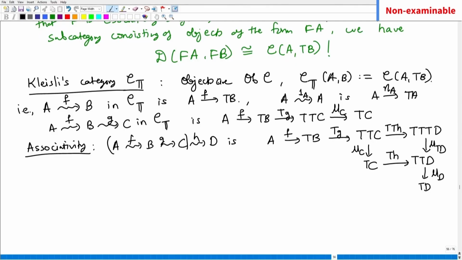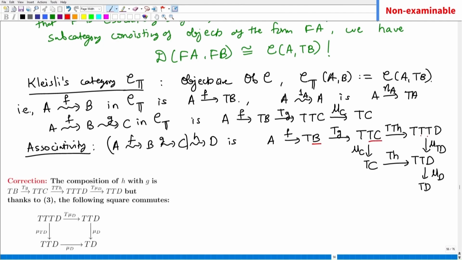And observe what is happening here. I will underline using a different color, of course: B, TC, TTD, TD, and G and TH. Just look at this red part.